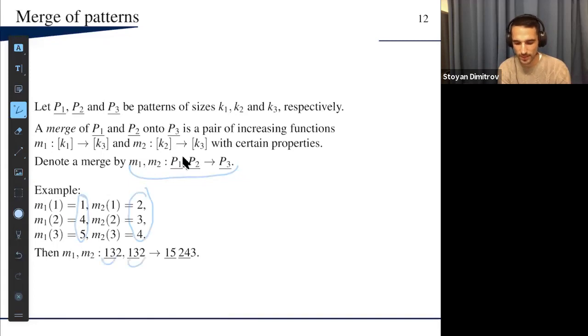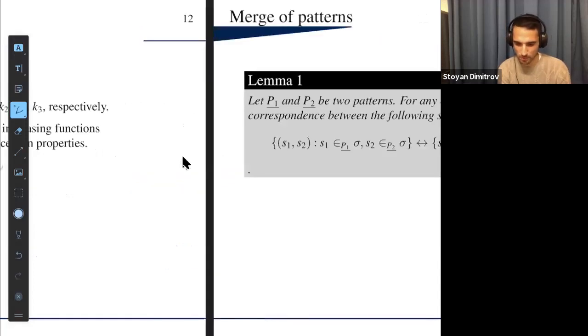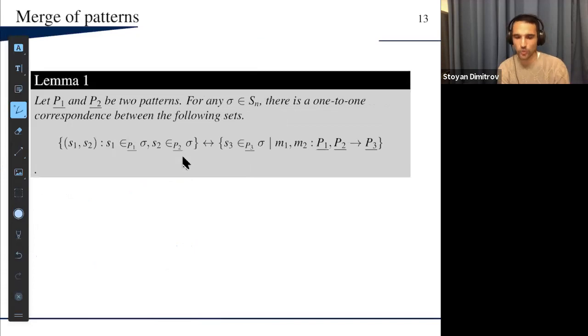And this is my P3. If you follow M1, you will see that the elements 1, 2, 3 correspond to the elements 1, 4, 5 in this pattern. And if I take them as a subsequence, they form the same pattern as this one. This might be a little confusing, but it will become more clear.